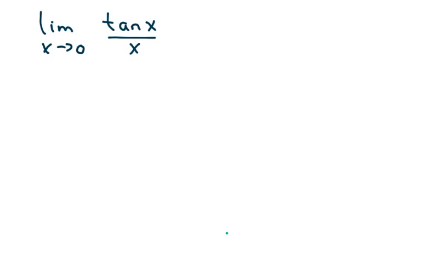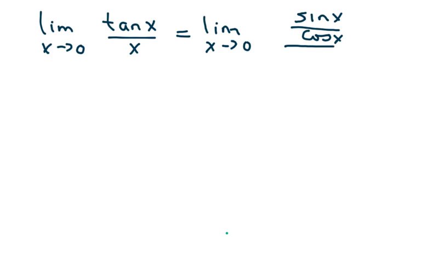So the first one we're going to do is the limit as x approaches 0 of tan of x over x. And what we're going to do first is use our trig identities and write this as the limit as x approaches 0. And I'm going to write tan of x as sine of x over cosine of x, because remember, we're going to be using our properties.